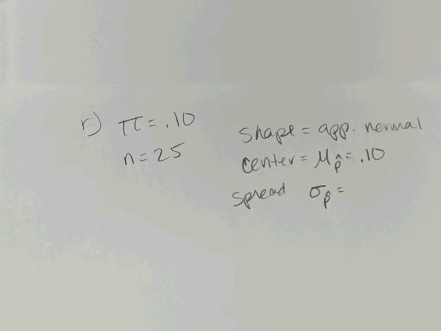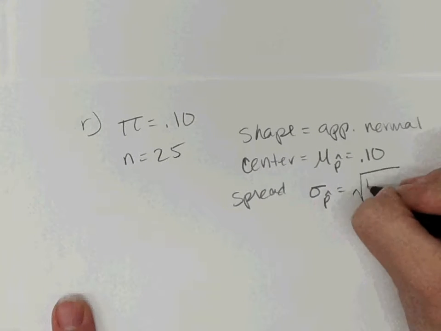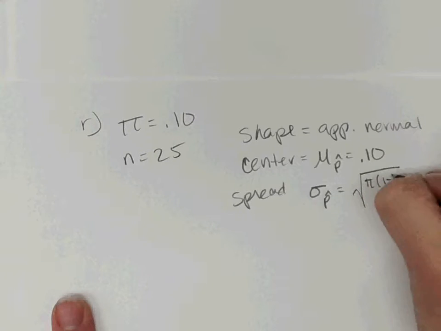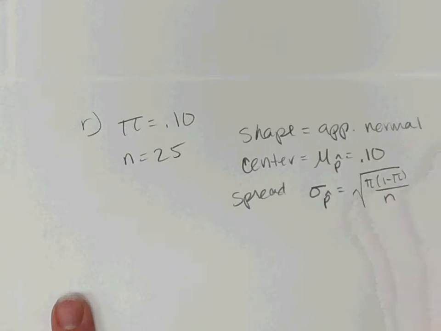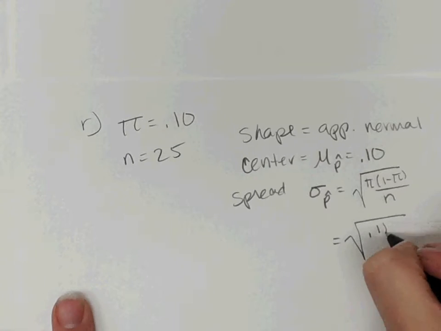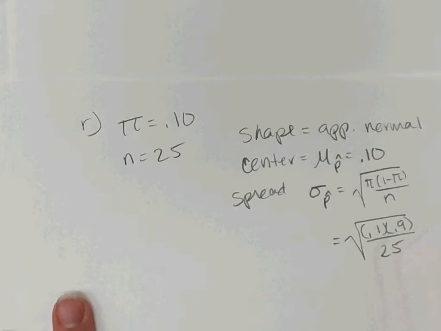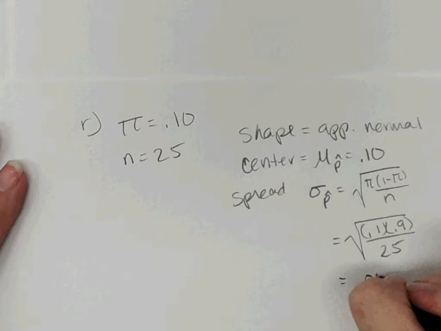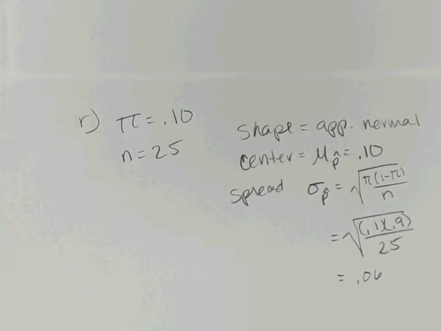That's the square root of pi times 1 minus pi all over the sample size. So the square root of 0.1 times 0.9 divided by 25, which is exactly 0.06. It's a nice, pretty number.